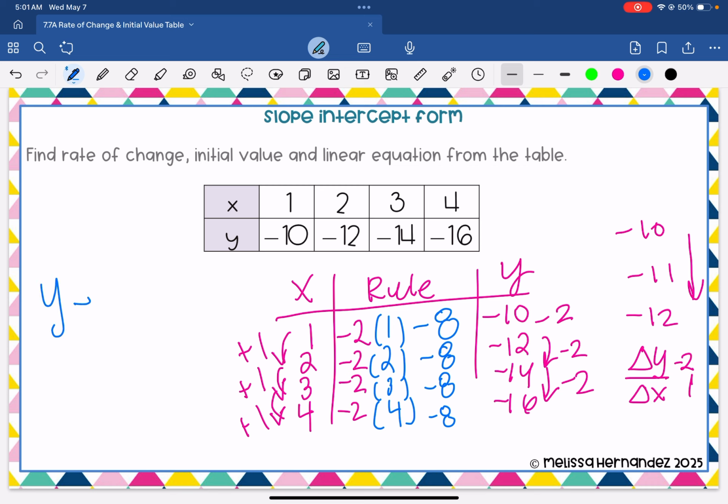So my rule or my linear equation or the process, there's a lot of ways you could say it, is y equals -2x minus 8.